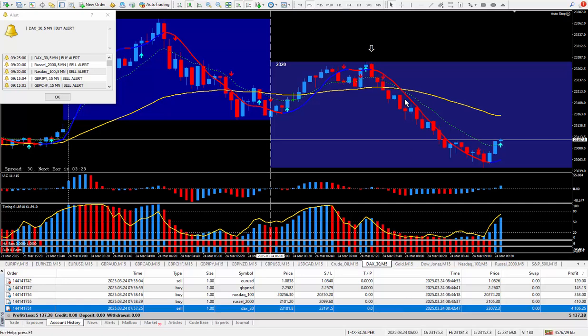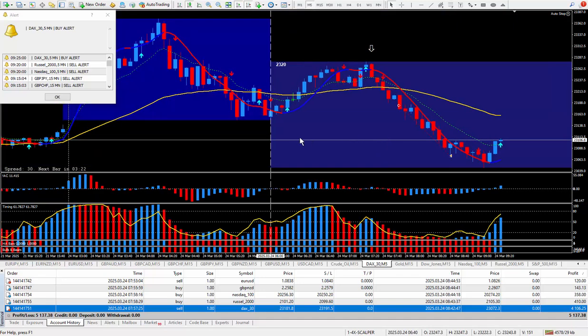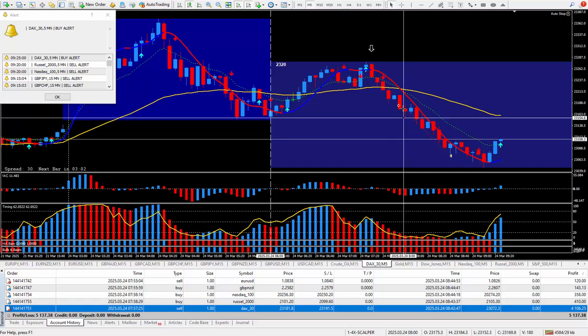DAX 30. Again, dropped it down to the 5 minutes. We're going to drag and drop this up, see where it got in at. Market did a down move, getting red arrows here, especially this one, scalper red. The daily trade plan was screaming to sell. So that's exactly what I did.